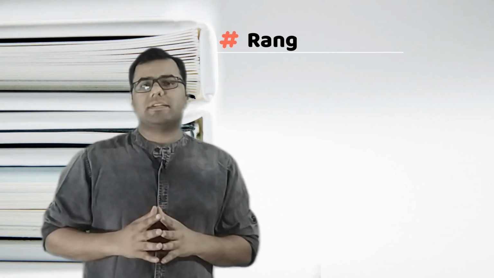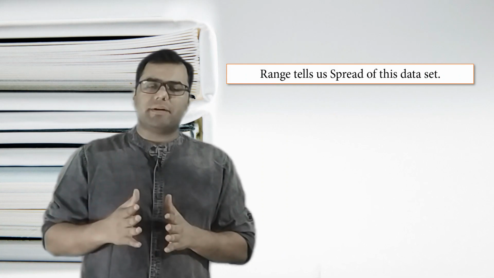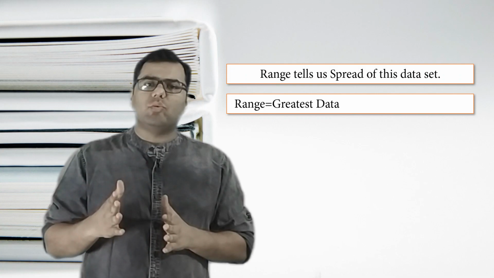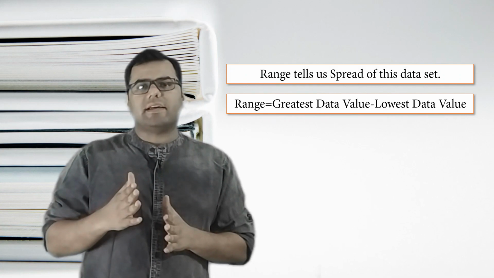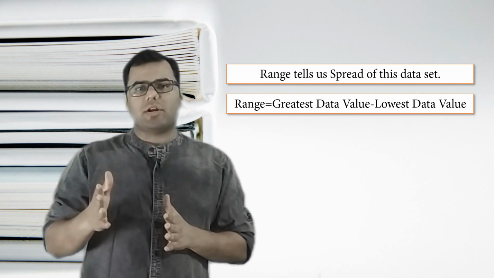There is another special tool called range. Now range tells us the spread of this data set, that is the difference between the greatest data value and the lowest data value, that is the highest data value and the smallest data value.